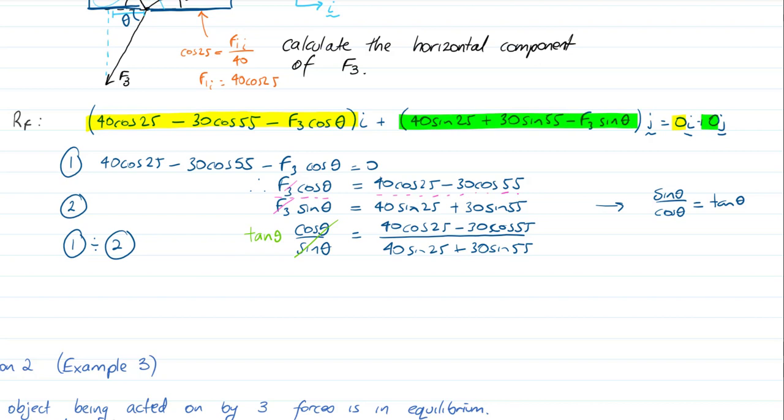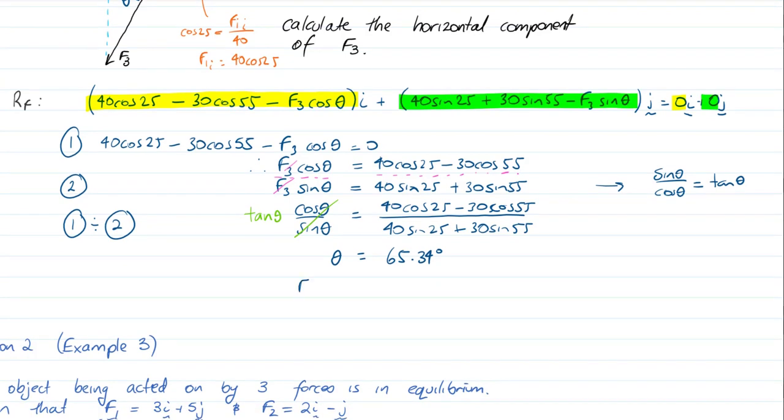And then, I won't be cheeky this time, but I will write out that we know the angle we do is tan inverse. So theta is equal to 65.34 degrees. I'll keep that value in my calculator, but it's important to recognise that we know the value from this. The other thing we could do is keep our exact value. Now that I know theta though, I get F3 sine theta is equal to 40 sine 25 plus 30 sine 55.